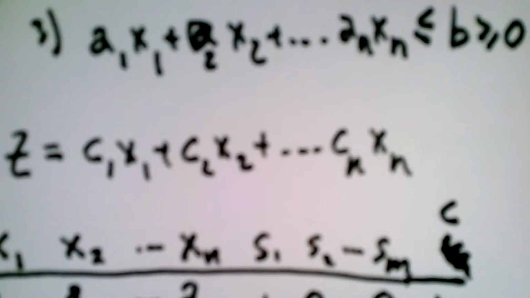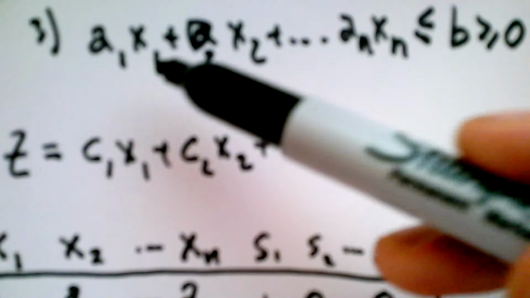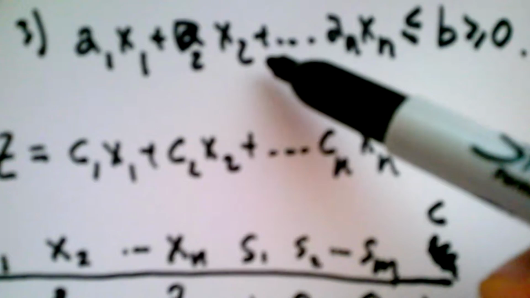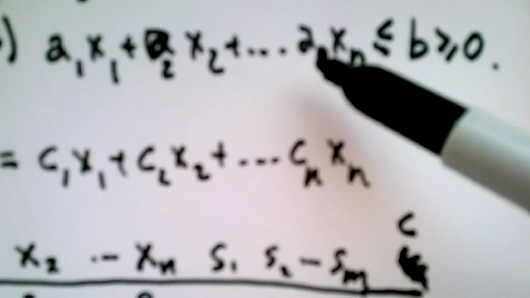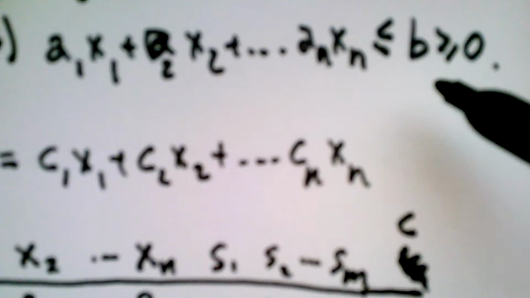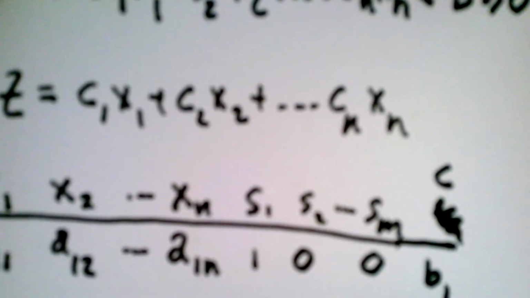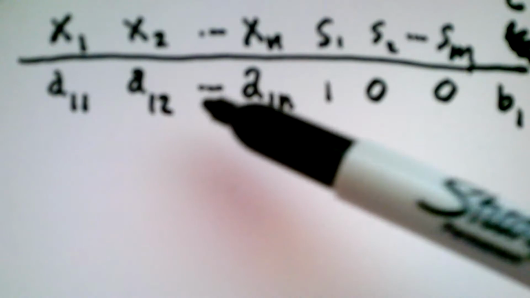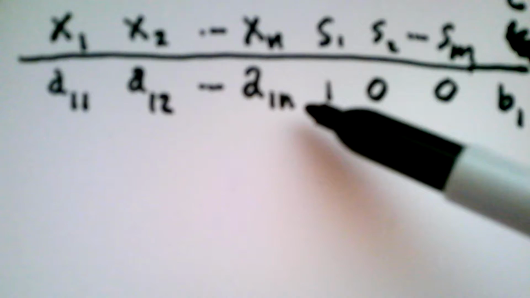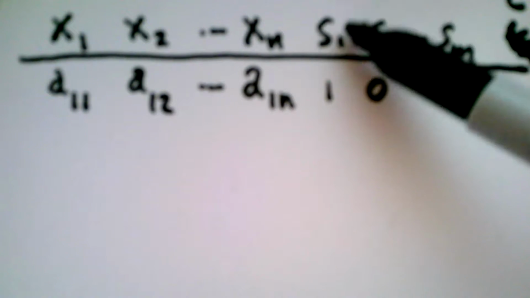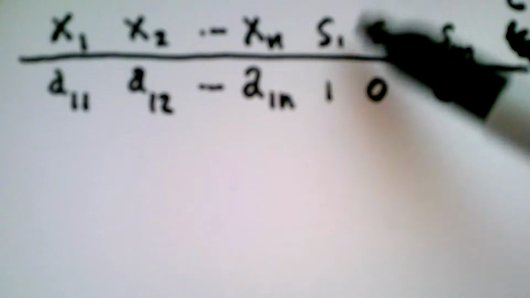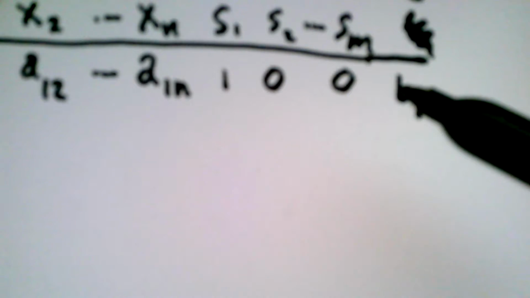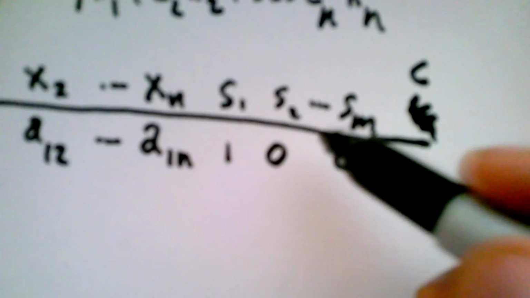So if we have this constraint a11 x1, a12 x2, a13 x3, all the way up to a1n xn is less than b1, that becomes a row like this: a11, a12, up to a1n, 1 for the first equation. We get a 1 under the first slack variable, zeros for all the other slack variables, and then our constant b1 goes here.